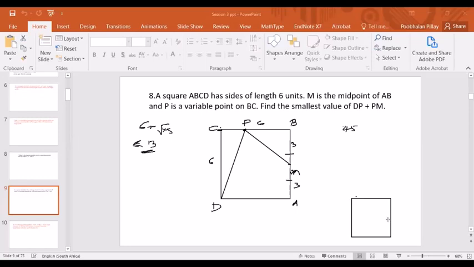Okay, and then what we do is the following. You take any point P here, and I'm going to draw my DP, and I extend this line here. I extend this line.